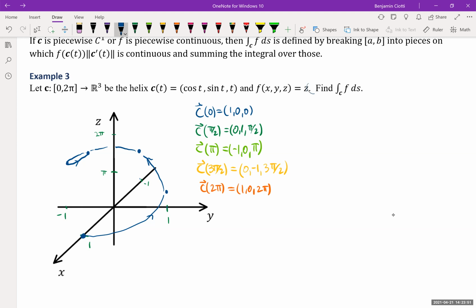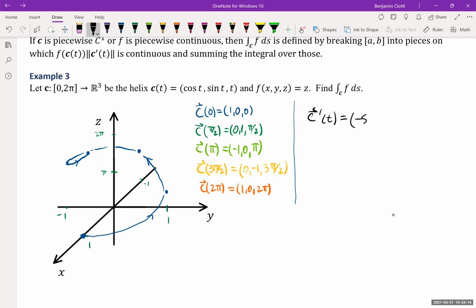Now let's start computing the integral of f over that helix. I guess I'll need the speed. So take the derivative of the position.